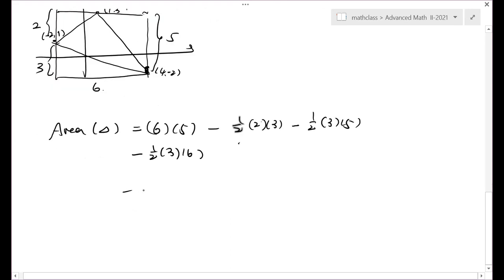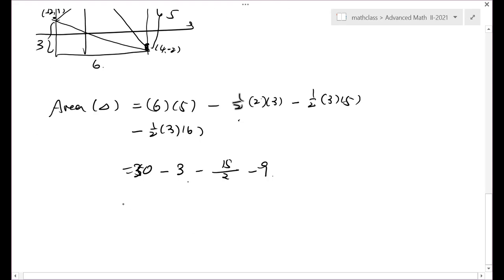So it's going to be 30 minus the fractions. 30 minus 12 is 18, minus 15.